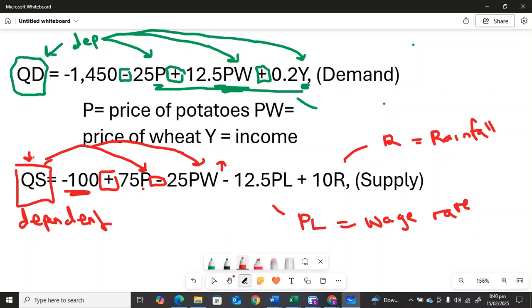That's why quantity supplied of potatoes will go down, because now people are switching to sell wheat. If the price of wheat goes down, quantity supplied of potatoes will go up because people are saying potatoes are more profitable. So let us sell potatoes.